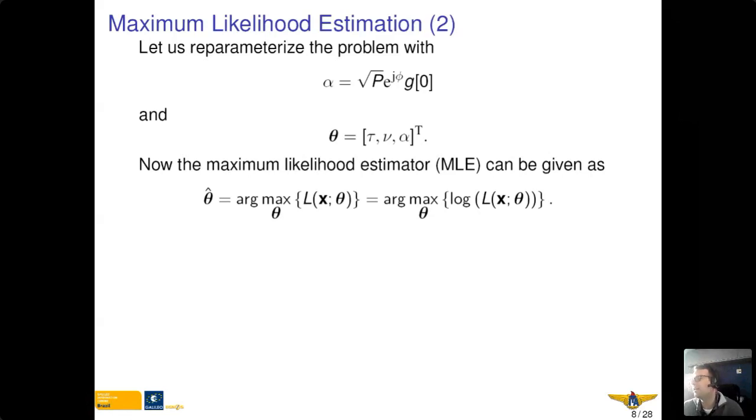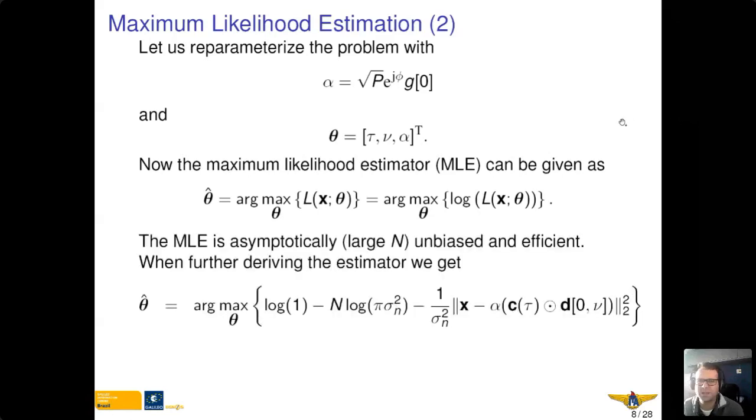So yeah, instead of maximizing the likelihood, we can also maximize the log, or natural logarithm, likelihood. And as discussed before, our formulation gets much easier, because if we apply the logarithm to the formulation of the likelihood, or the probability density function, the PDF, we end up with this formulation here.